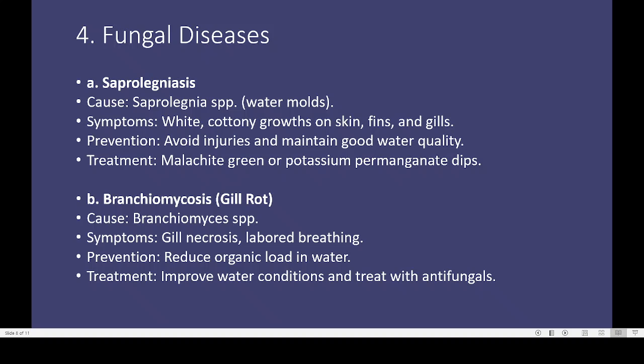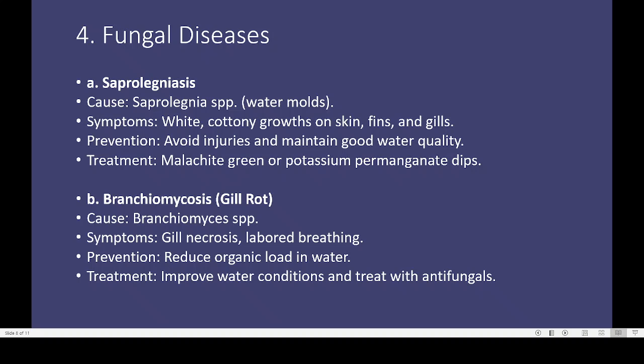Then another disease is known as branchiomycosis. It is known as gill rot. This is known as gill rot. Here you can see that.